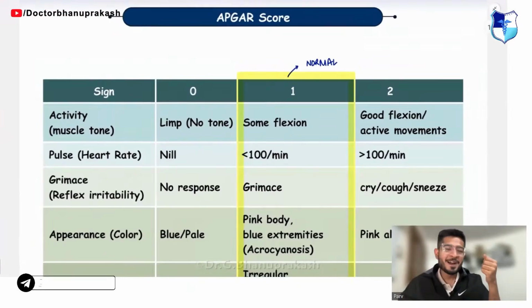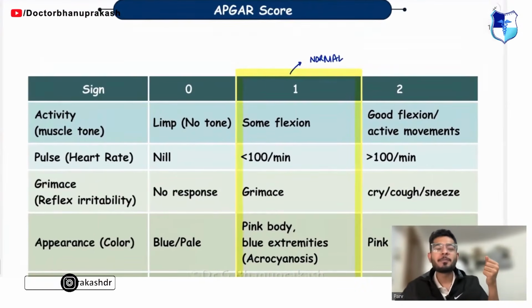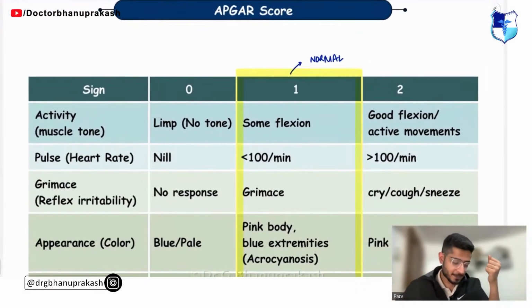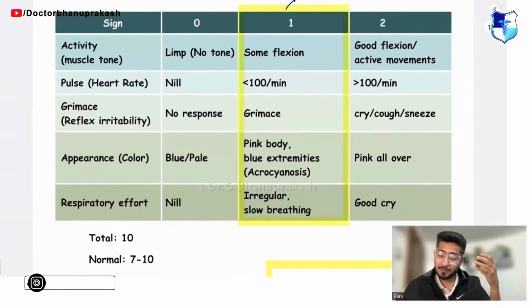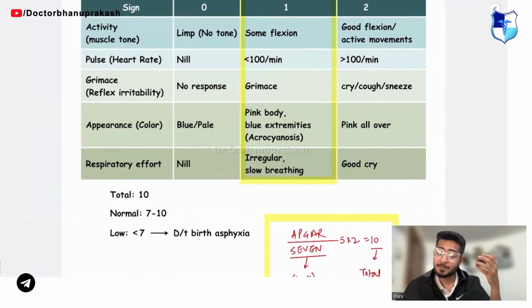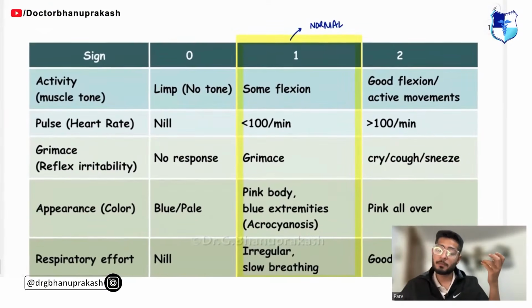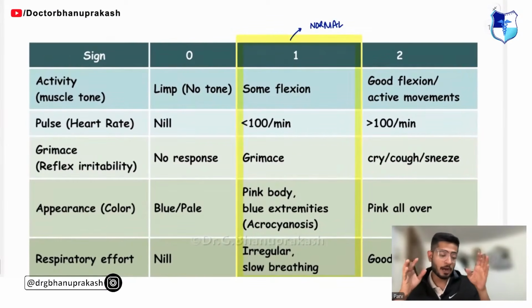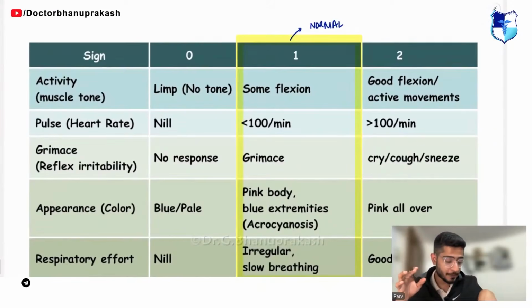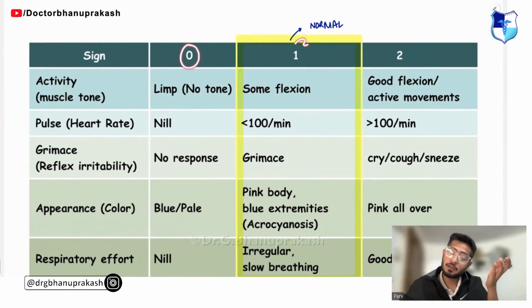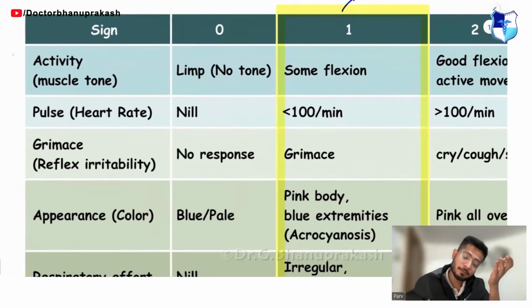Coming on to the APGAR score now. Children, we have seen this question so many times. So my dear children, just remember what APGAR is. APGAR has three scores: 0, 1, 2. The mnemonic to remember APGAR is APGAR itself.